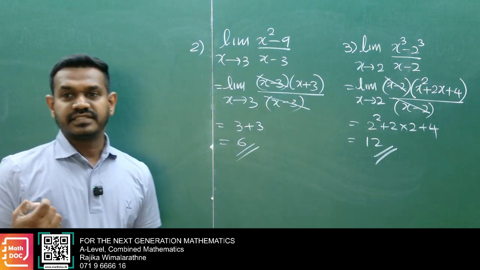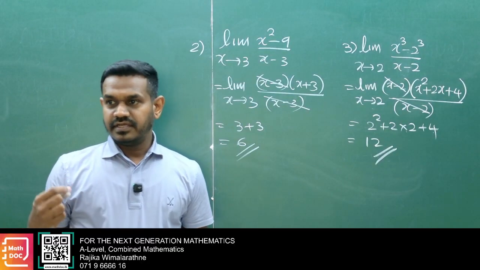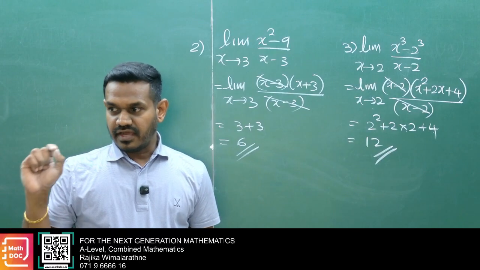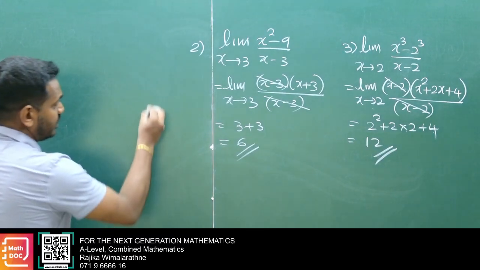After cancelling common factor, that 0 divided by 0 case goes away. After cancelling common factor, 0 by 0, you can't do this.